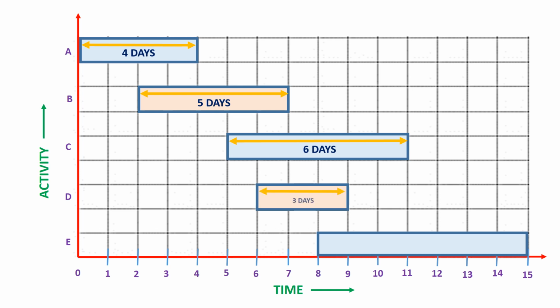Therefore, the duration of activity D is 3 days. And the last activity E, the start time is t equal to 8 and the end time is t equal to 15. Therefore, the duration of activity E is 7 days.